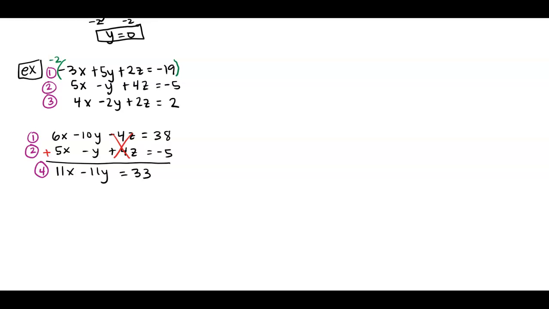So maybe this time I'm going to do equation 1 with equation 3. And with equation 1 this time, I'm going to multiply my equation 1 by a -1.